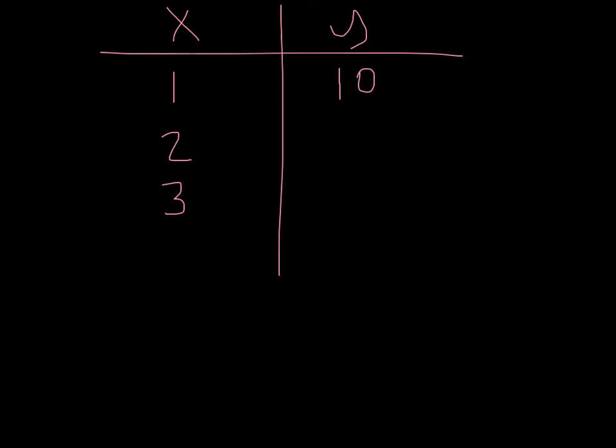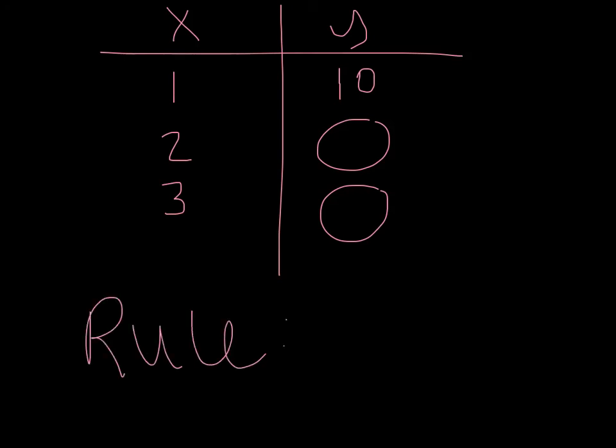I would like you to complete the table for your y values and tell me how many total tiles are in where x is 2 and where x is 3. I would like you to create a rule if you can. If you cannot create a rule, that's okay. We will discuss this in class on Monday.